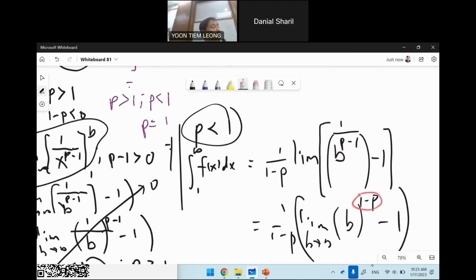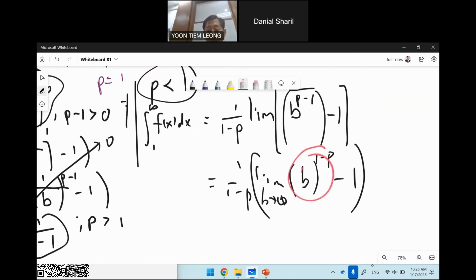So here 1 minus P is a positive number, and you are going to make b go to infinity, right? So what do you get? If b is going to infinity, and 1 minus P is a number, you are raising b to some finite power which is positive. 1 minus P is positive, remember. So you have b raised to the power of some number, and you make b go to infinity.